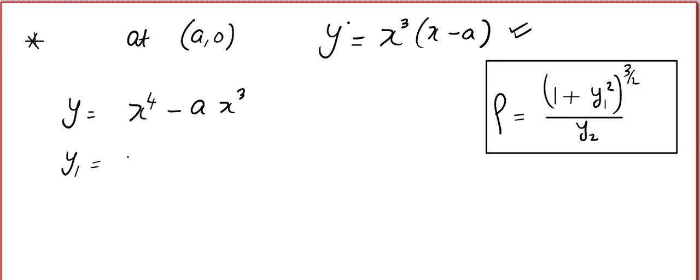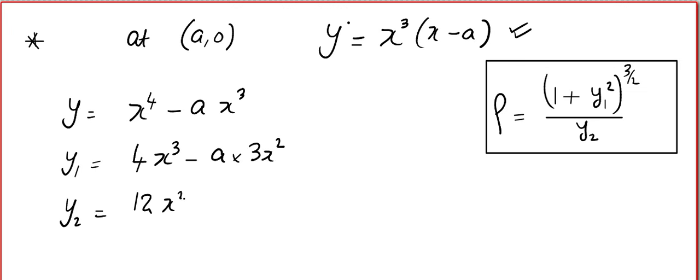So y1 is equal to 4x cube minus a into 3x square, and y2 is equal to 12x square minus a into 6x. Now look at this, here we want the radius of curvature at a particular point.